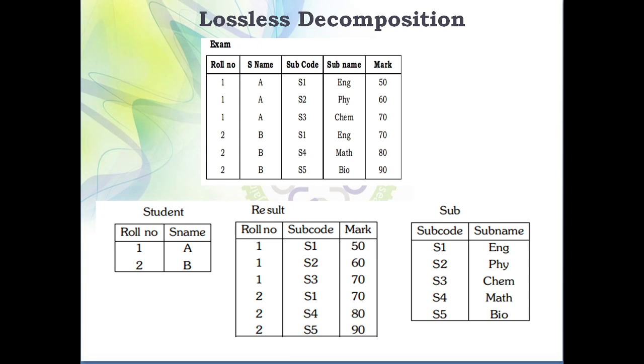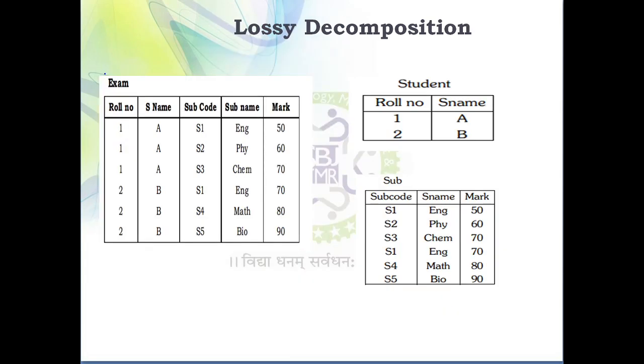Now let's discuss lossy decomposition. This is another property of a decomposition, and it is not desirable to have a lossy decomposition, because in a lossy decomposition we are going to miss some information, as well as we will get some extra information.